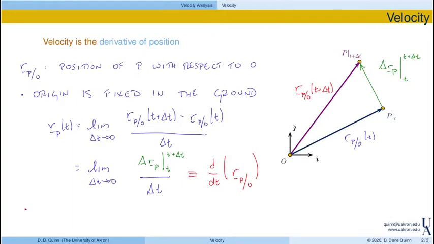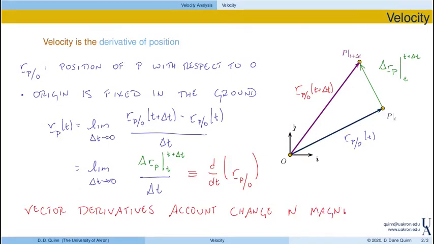So these vector derivatives, and of course the position is a vector, so we're looking at derivatives of vectors, account for change in both magnitude as well as direction.